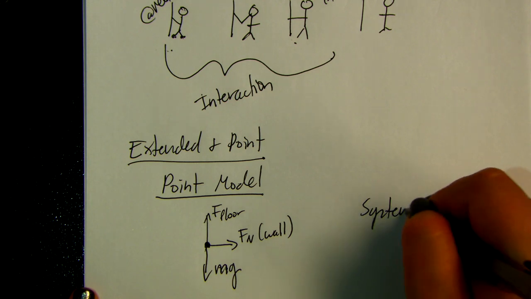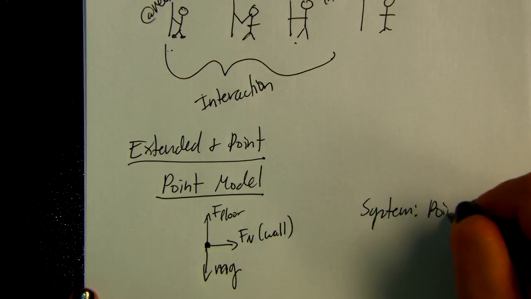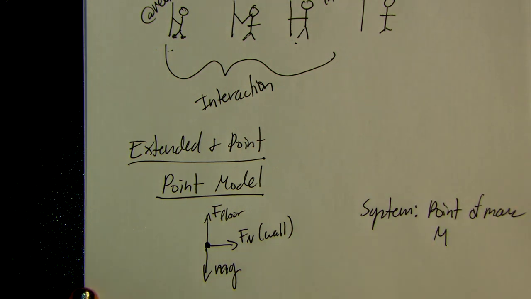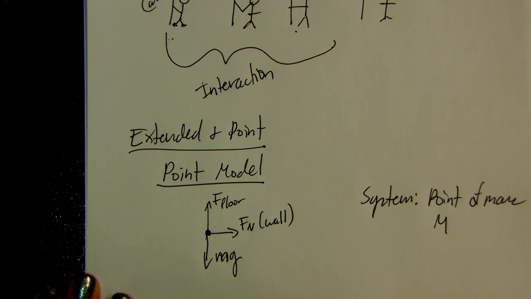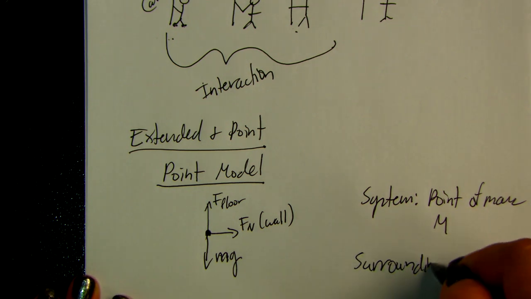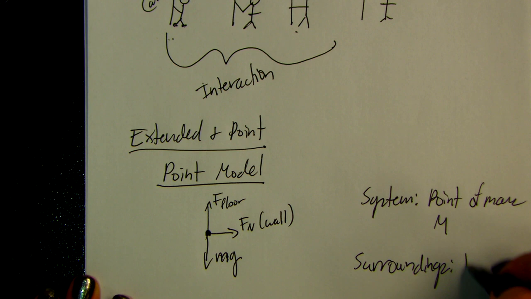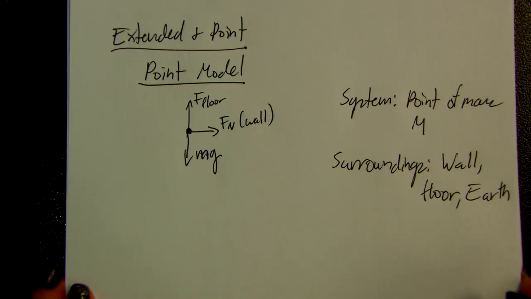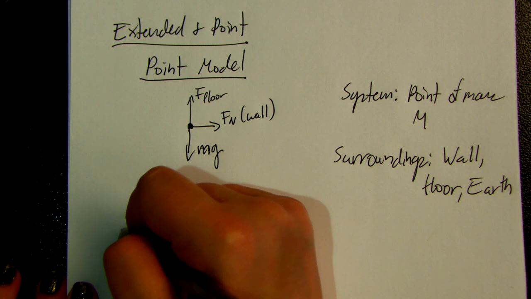Our system is a point of mass m, which is the woman's mass. The surroundings: wall, floor, earth. All in all, we're just bricks in the wall.